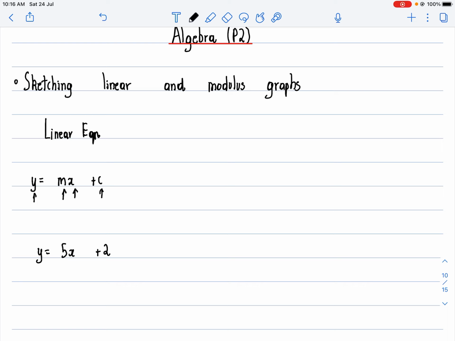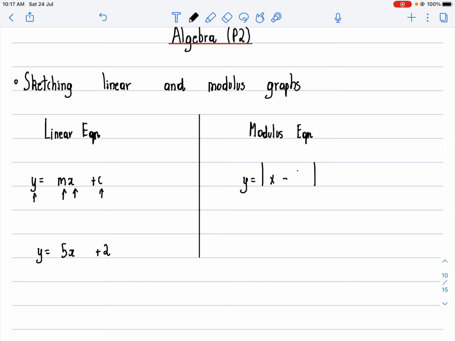This is an example. Now let's come to modulus equations. Modulus equations will look something like, I'll give a straight away example, y equals the mod of x minus 5.